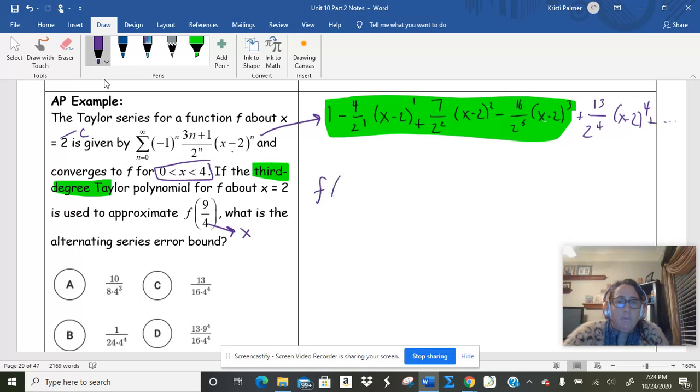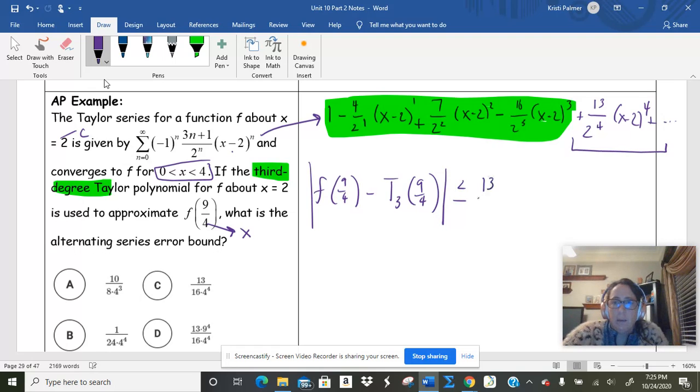So f of 9/4 minus the third degree Taylor polynomial at 9/4, that's the approximation if I plugged it in, has to be less than or equal to the next term evaluated at 9/4. And that's what that error bound is saying.